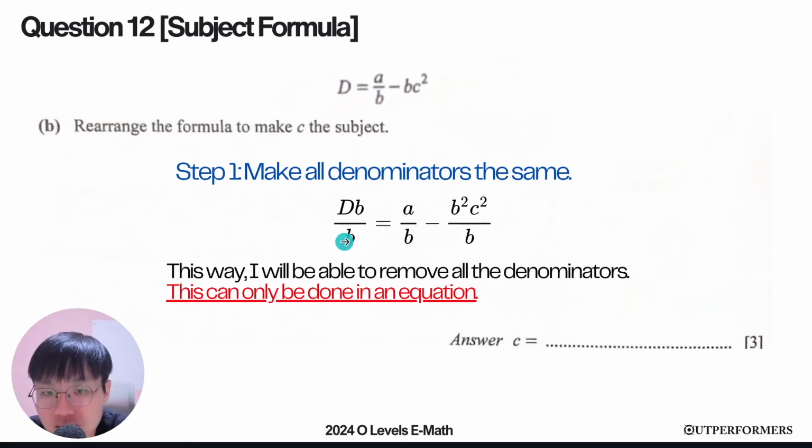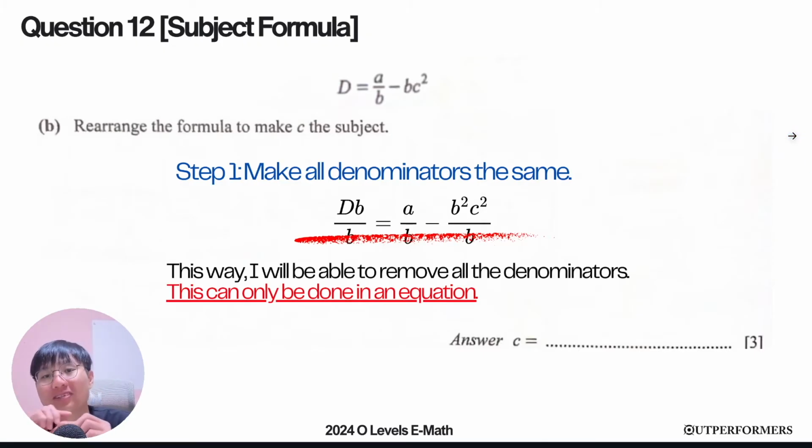So now, since every single fraction has a denominator of b, I will be able to cancel that. Okay, because it's easier to deal with terms that are not fractions. Okay, that's my method usually.